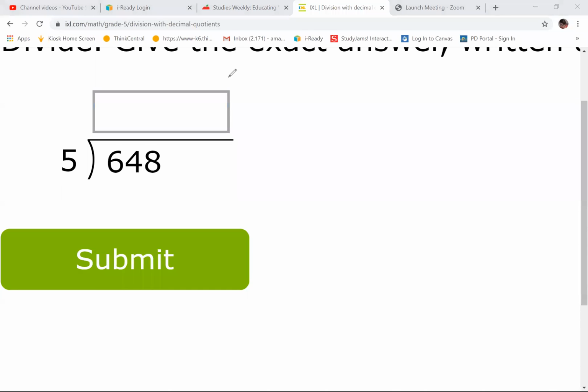I have 648 divided by 5. So this looks like it's not even a decimal problem at all. It's just a regular division problem, isn't it? Let me write it over here because I think I'm going to need room, and I don't want to write all over that submit. 648 divided by 5.